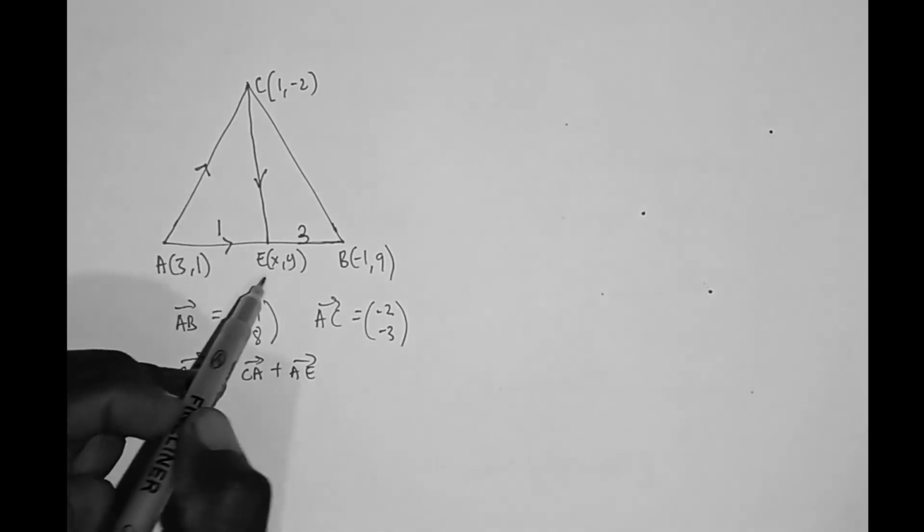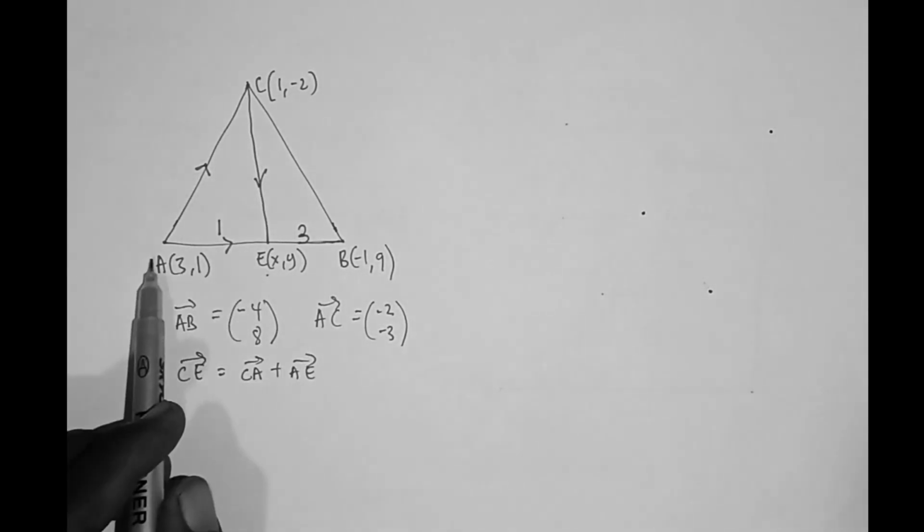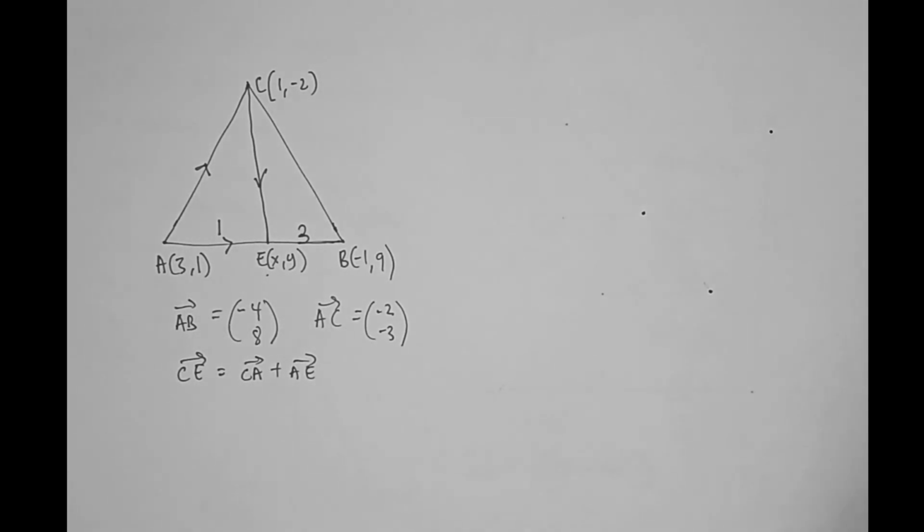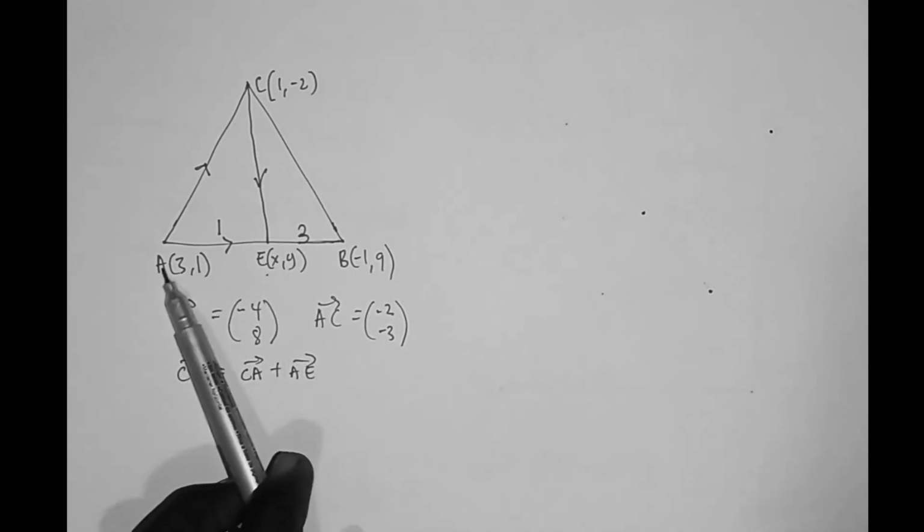However, we know the vector CA because we know AC. So CA is just the negative of AC. But what we don't know is the vector AE. How do we find the vector AE?